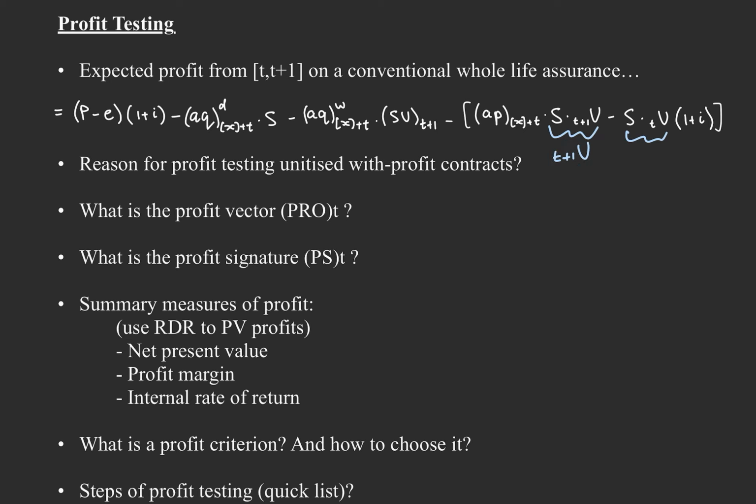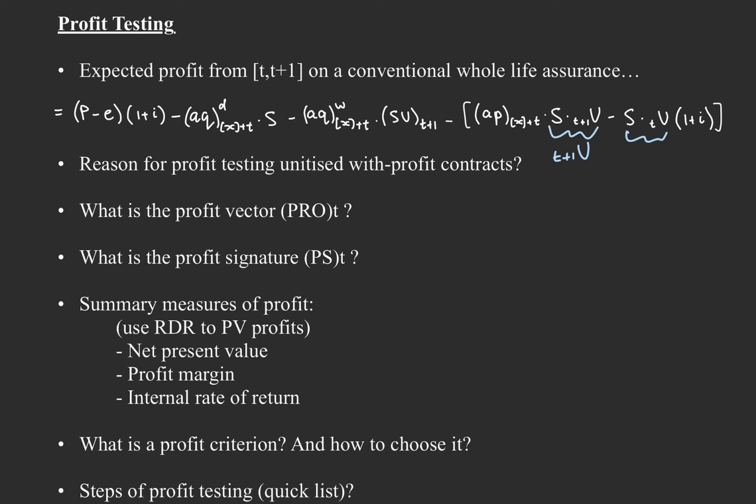Now, this first term in this bracket represents the expected reserve that needs to be held at the end of the year, given I'm now standing at time T, or at the beginning of the year. Okay, so I'm going to need this much in reserves.